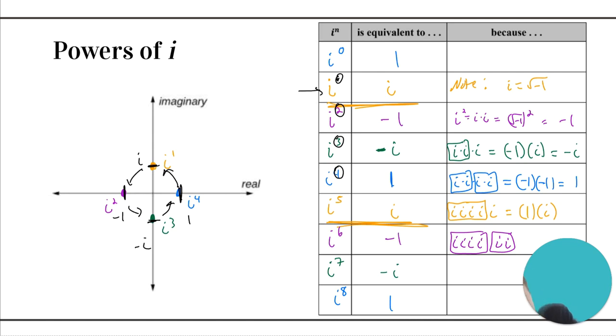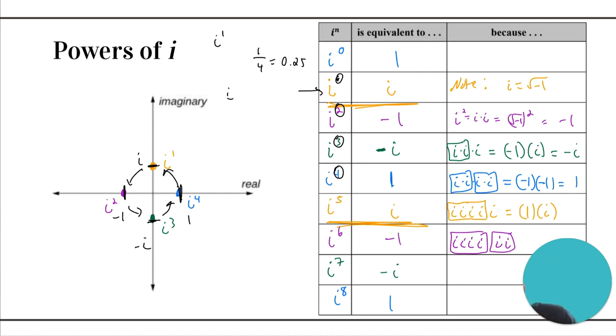So right here, when we had i to the first, 1 divided by 4 is equivalent to a decimal of 0.25. If you take any power of i and divide it by 4 and end up with a decimal of 0.25, it's going to correspond to i to the first.